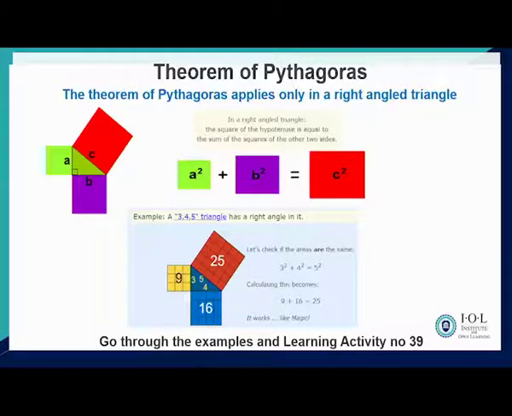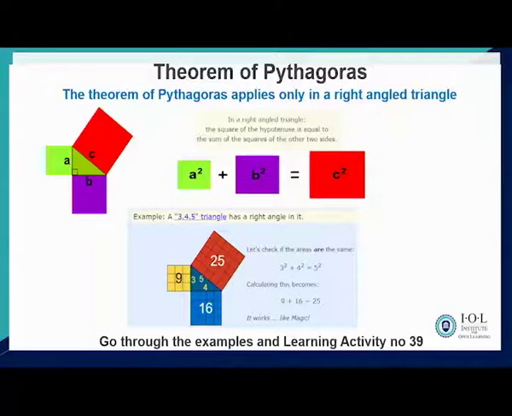But I'm not interested in the squares. I'm interested in the side, the length of the side. So to get the side, I must get the square root of that. And remember, if I look at that example, 9 plus 16 is 25. If I have the 25, minus the 16 gives me the 9.